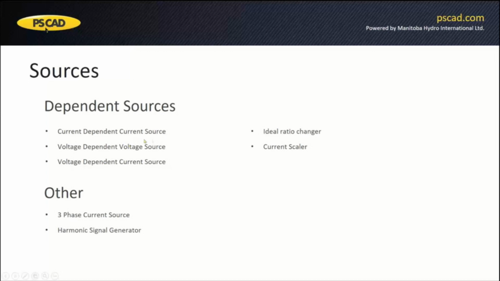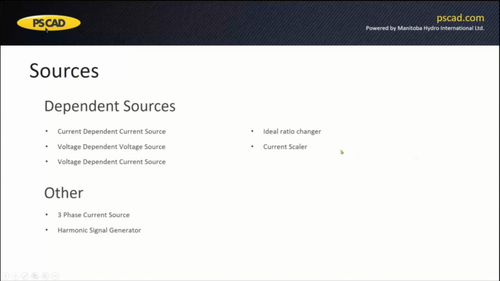So you have the current dependent current source, voltage dependent voltage source, and voltage dependent current source. And it's essentially these three, and the ideal ratio changer is a specific combination of these ones. Essentially, it is a current dependent current source connected the other way, and a voltage dependent voltage source connected in reverse connection.